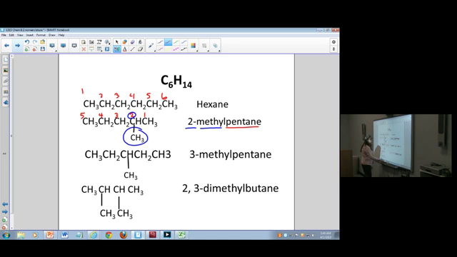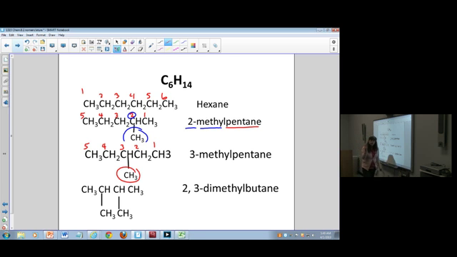Now I can also move my substituent down 1. In this case, from either direction, 1, 2, 3, 4, 5, whichever direction you go. Oops, that should have been subscripted. This is a methyl group on carbon 3. I could also do the numbering in this direction. It doesn't matter in this particular case because both of them end up being 3-methyl pentane.